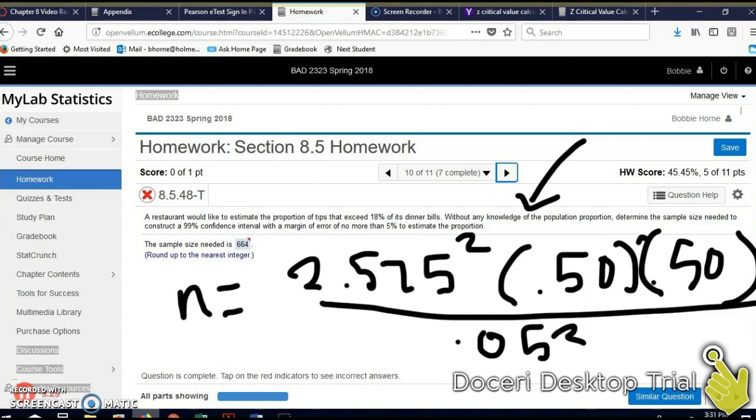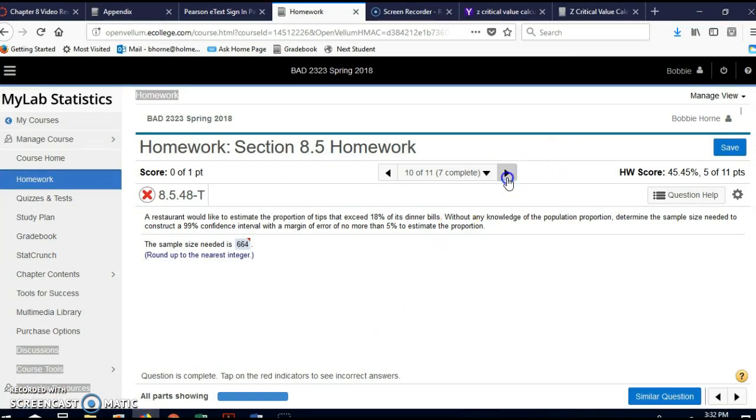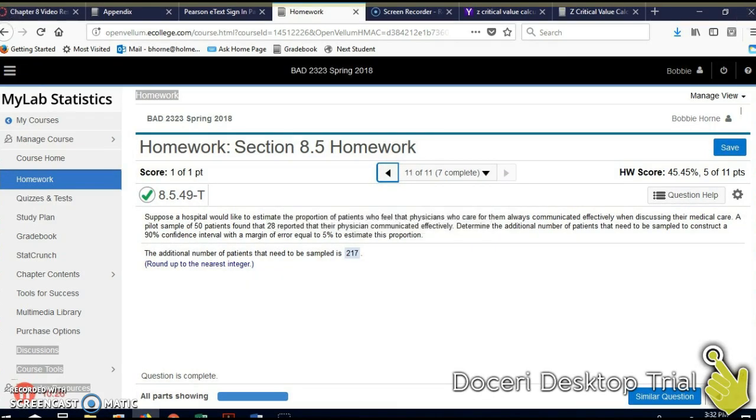If you have a TI-84 or TI-83, it's going to be a lot easier to put all these calculations in. So moving on to the last question, question number 11. You can see here the 90% confidence interval. If you look that up on your table, it is 1.645 squared. It looks like 28 out of 50.